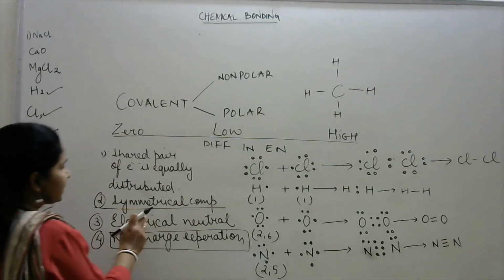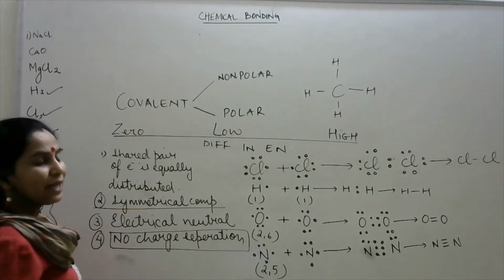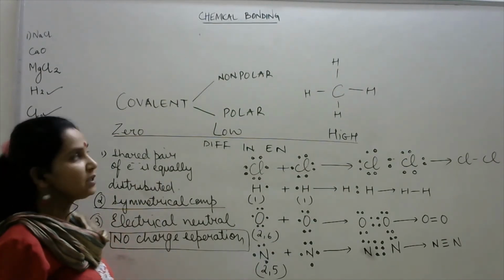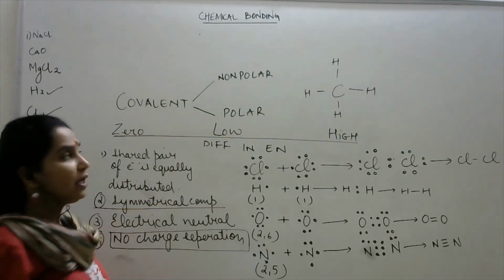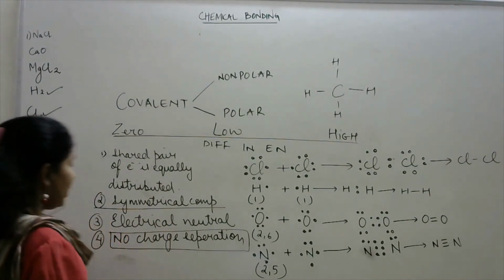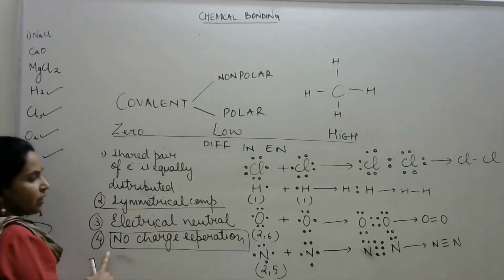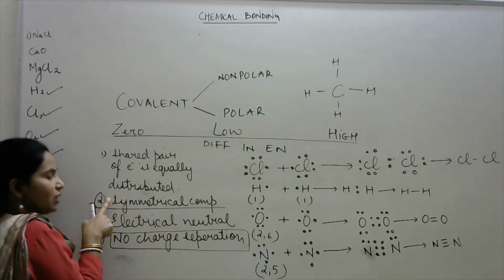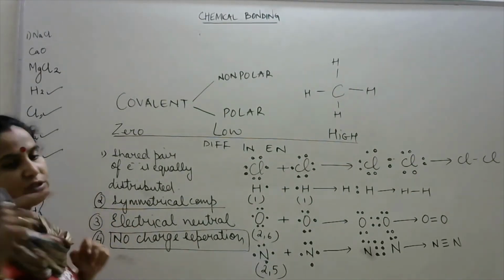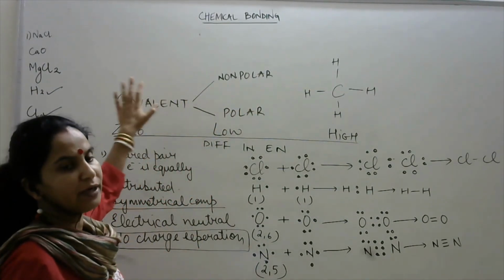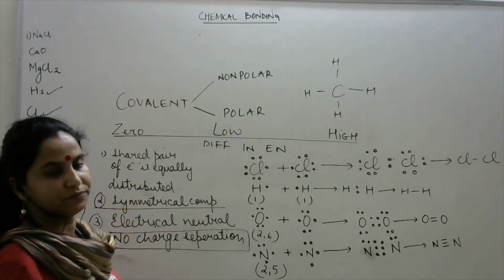So, if it is a symmetrical compound, that means it is a non-polar covalent bond. It is a non-polar covalent compound. So, if a compound is electrically neutral, if the compound is symmetrical, that means the bond which it has is definitely a non-polar covalent bond.